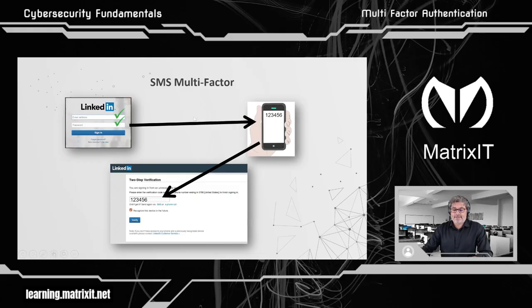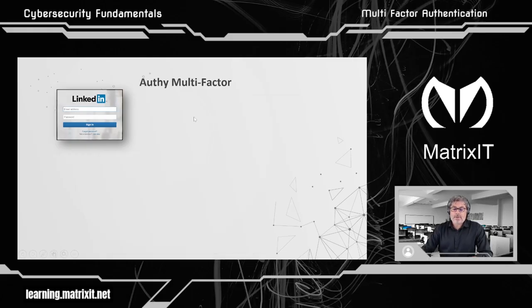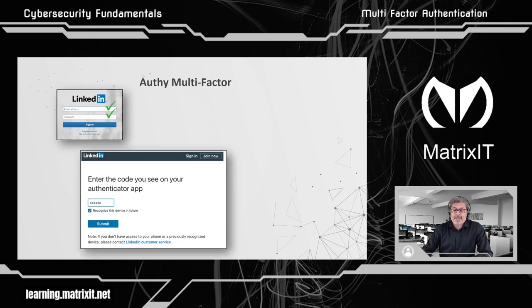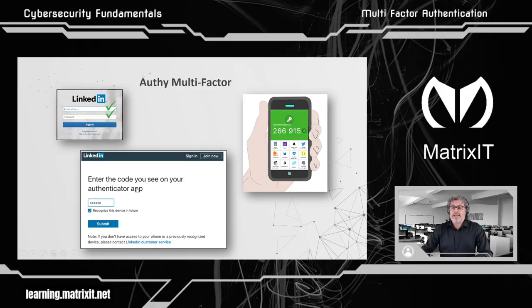That's the SMS. Now, the Authy is different, and this is how that works. When I put my username and password into LinkedIn, it's going to say, okay, that's great. What is the code that you see on your app? So at that point, I go to my cell phone. It's not sending me anything. This number is an app.